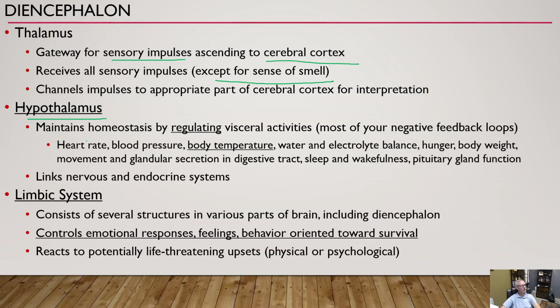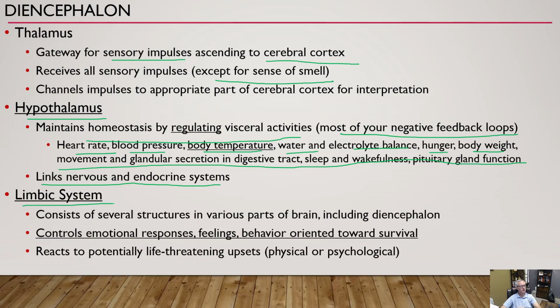Your hypothalamus, I've already said, regulates your visceral activities, what goes on inside of your body: your blood glucose level, your thyroid level, your parathyroid hormone, your osteocytes, your osteoclasts, your osteoblasts, most of your negative feedback loops, heart rate, blood pressure, body temperature, water, electrolyte balances, hunger, body weight. So it's going to link your endocrine system with your nervous system. It's going to tell your glands when to secrete what.